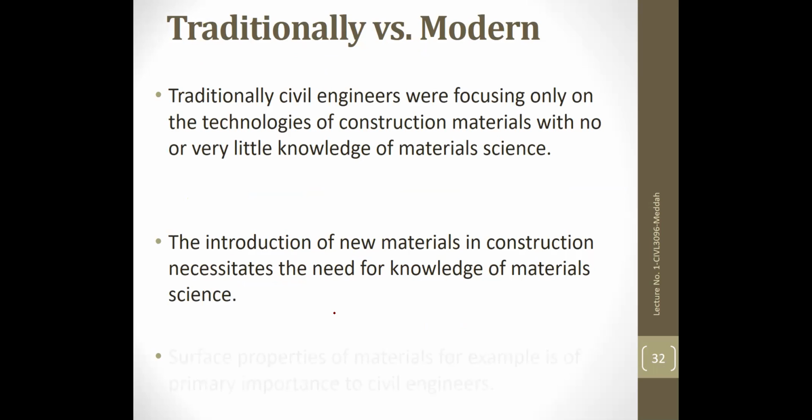Now, if we look at traditional engineers and modern engineers, traditional engineers were mostly focusing only on the technology of construction materials with no or very little knowledge of material science, because material science was not that much developed and that much adapted. So traditional civil engineers were mostly focusing on how to construct.